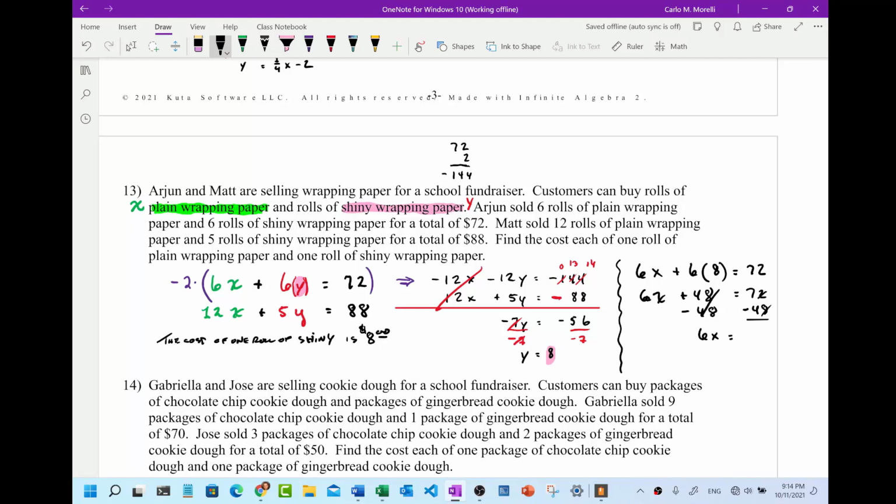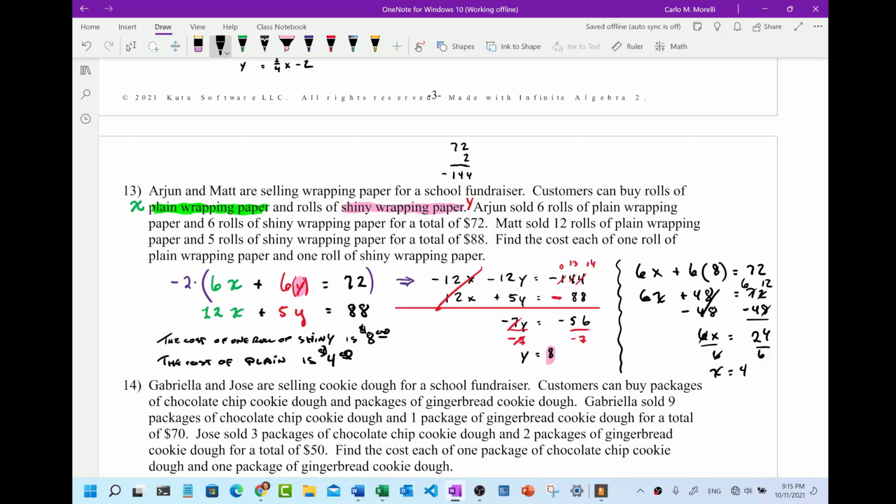Well, we can't take 8 from 2, so we have to borrow and make this a 6, and this a 12, and this is a 4, and this is a 2. And then we just divide both sides by 6, giving us x equals 4. In other words, the cost of plain paper is $4. Okay, so half the price of the shiny paper.